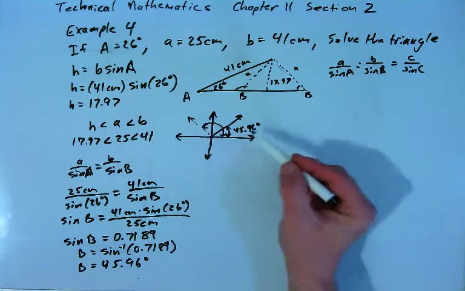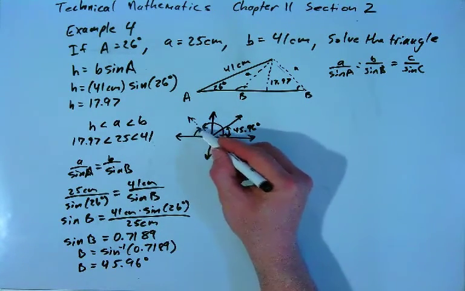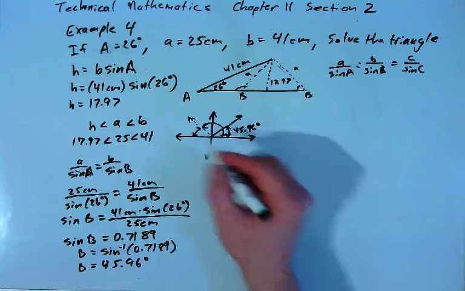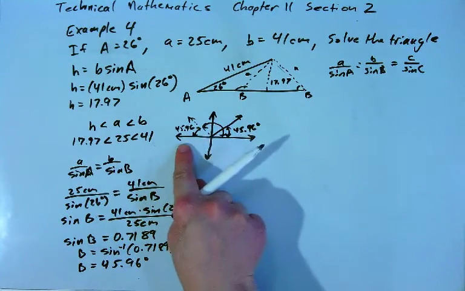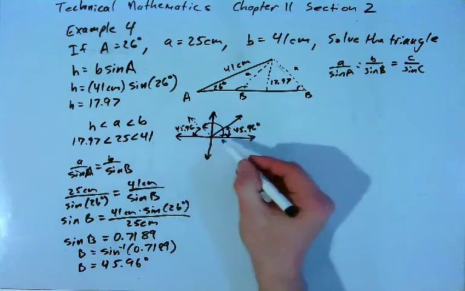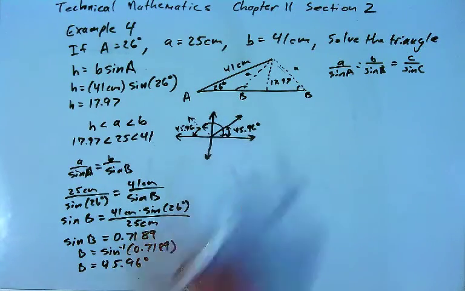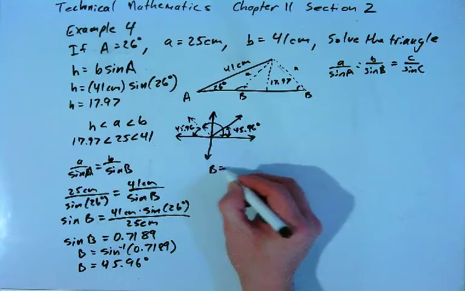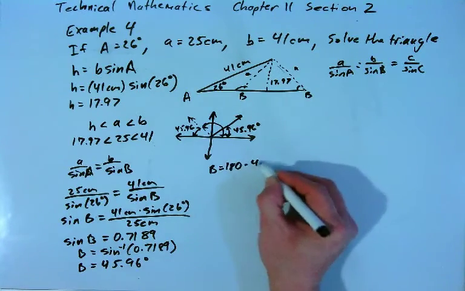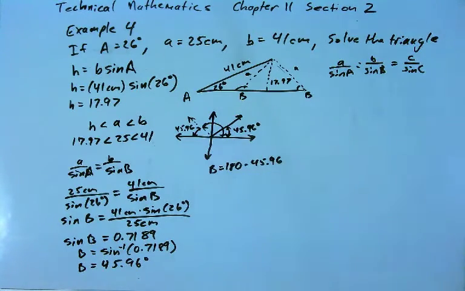And so we need to determine that angle. We know that the reference angle closest to the x-axis is still 45.96 degrees. And so if we take 180 minus this 45.96, we will get the other possible answer. So B is either 45.96 or B could also be 180 minus 45.96.